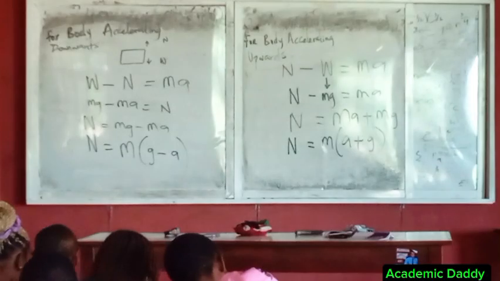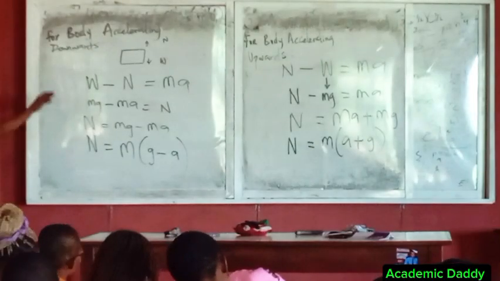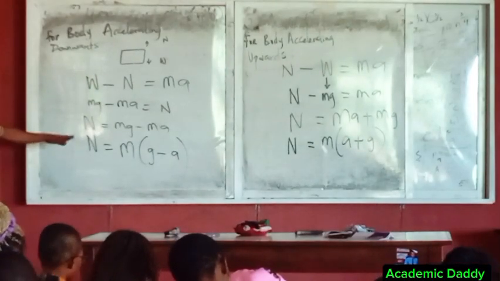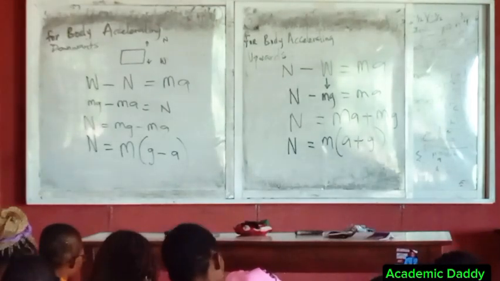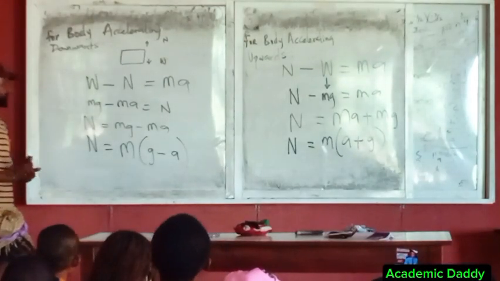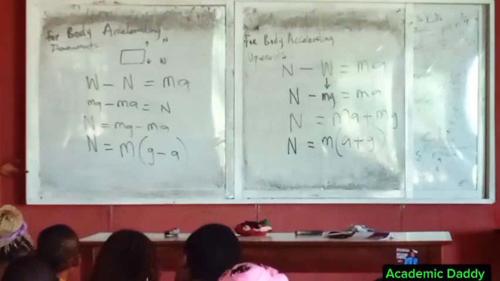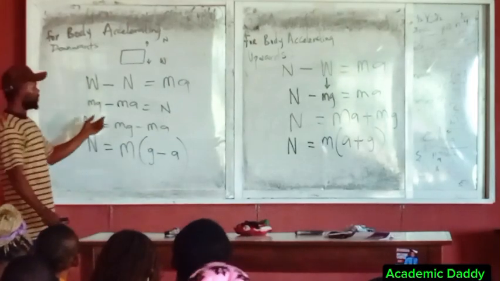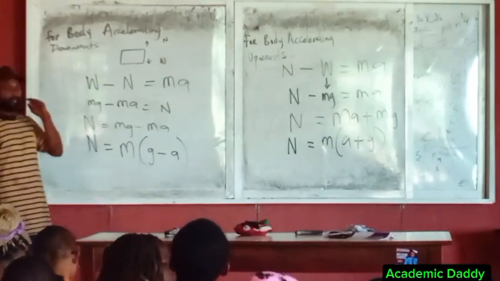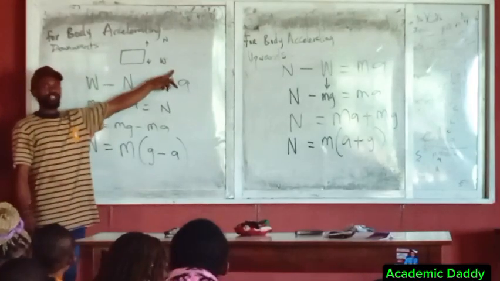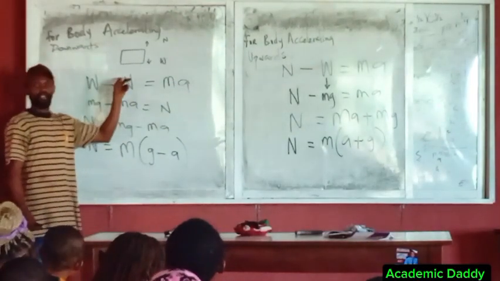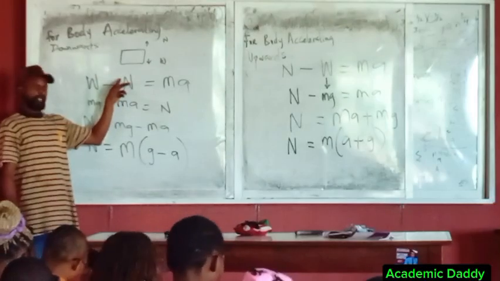So for a body accelerating downwards, this will be the formula you're using. N equals m into g minus a. See, which one crossed over? This one crossed over and it became plus, this one crossed over and it became minus, right?